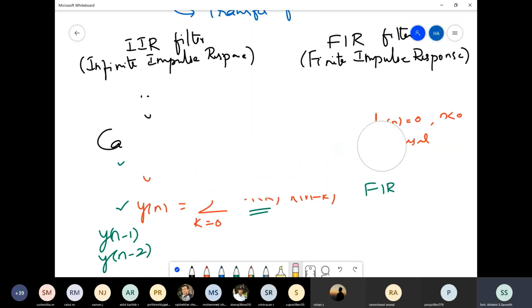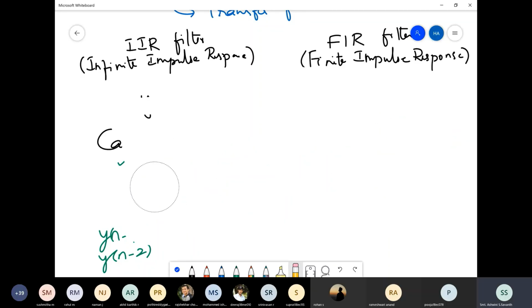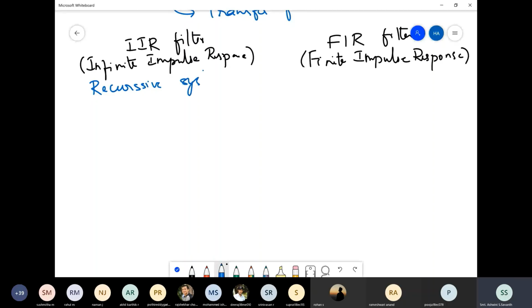So you have the convolution equation that we have. Now what is a recursive system? IIR is a recursive system or a recursive filter. So what is a recursive filter? The output of a recursive filter will be a function of x of n, x of n minus 1 and all these values, that is your input and past inputs.